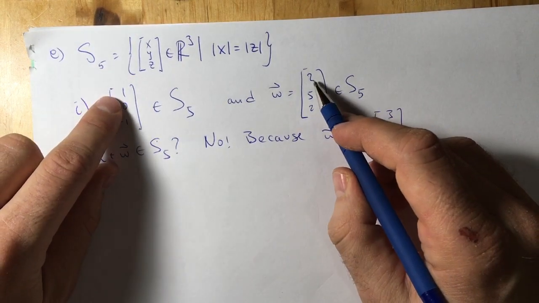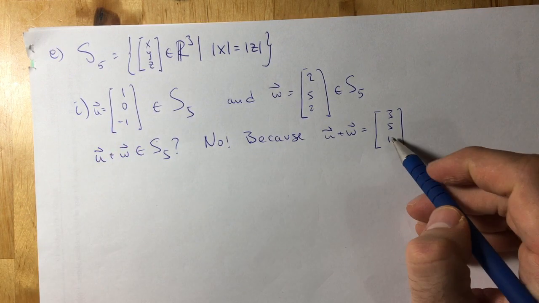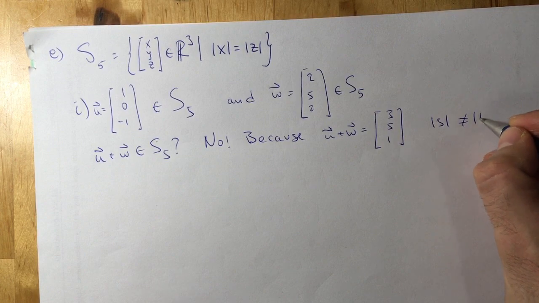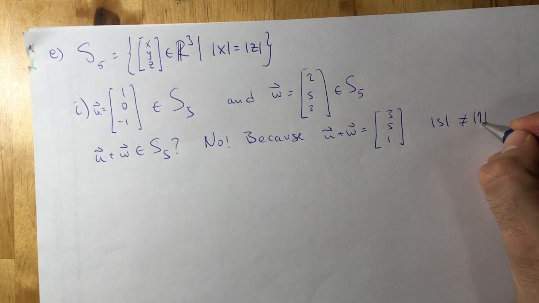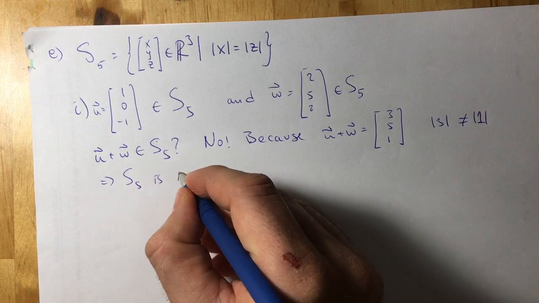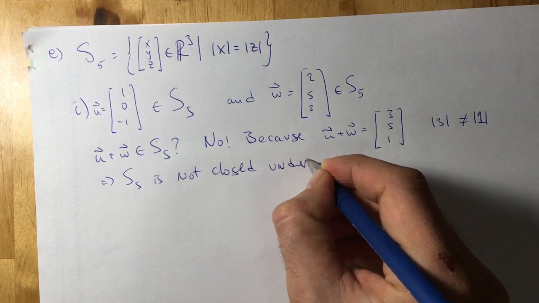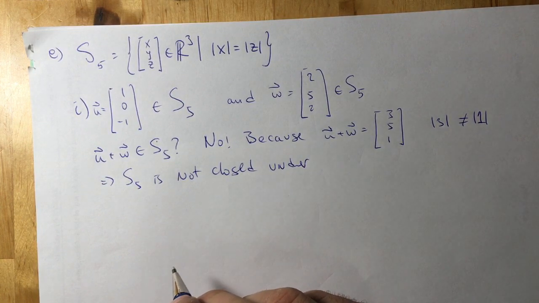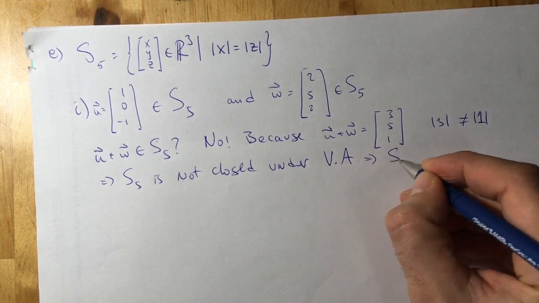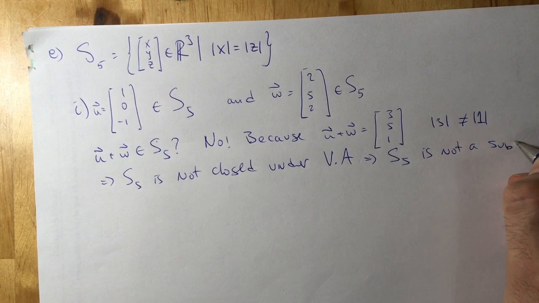If you add these, right, 1 plus 2 is 3, 0 plus 5 is 5, -1 plus 2 is 1. And as you can see, absolute value of 3 is not equal to absolute value of 1. Which means that S5 is not closed under vector addition, which implies that S5 is not a subspace.